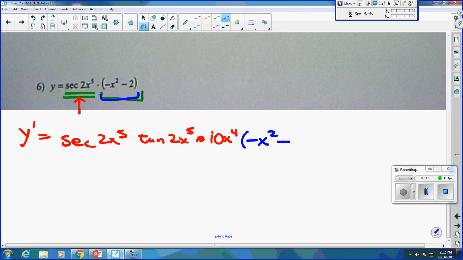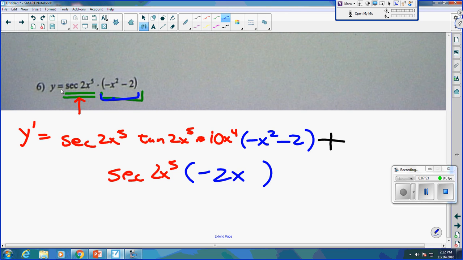For the sake of spacing, I will put a big old black plus here and we'll go to a new line. And then the bottom doesn't change. f stays the same, so it's secant 2x to the 5th times the derivative of the other, which is just negative 2x. And we are done. I said don't simplify, it's just that two-term expression.